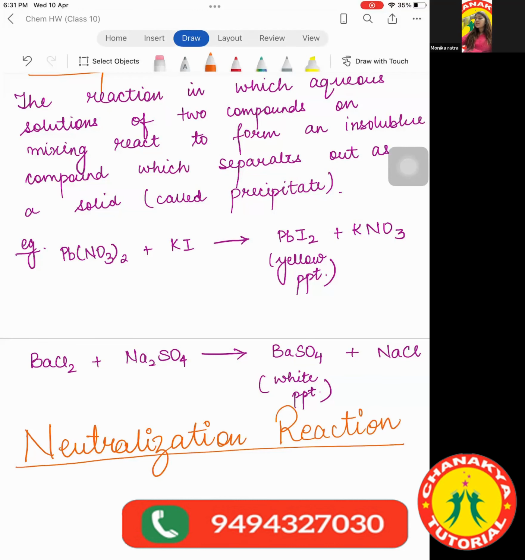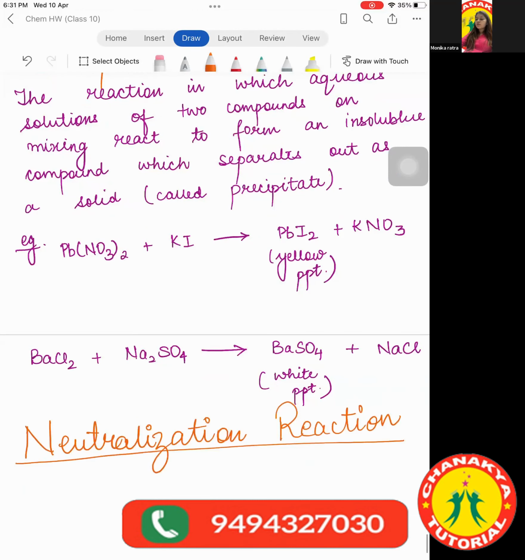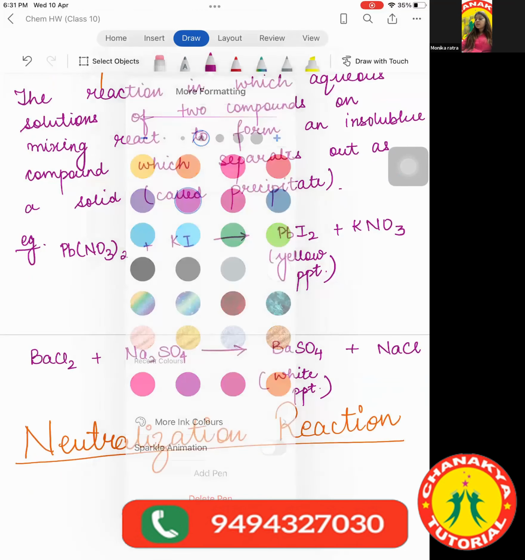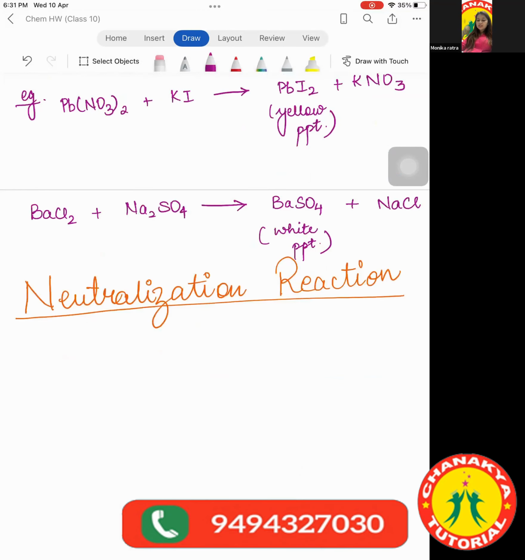So what is a neutralization reaction? It is a reaction of an acid with a base leading to the formation of salt and water. Always and always, the reaction of acid with the base is considered to be a neutralization reaction, and it involves the formation of salt and water. It could be any acid and any base.